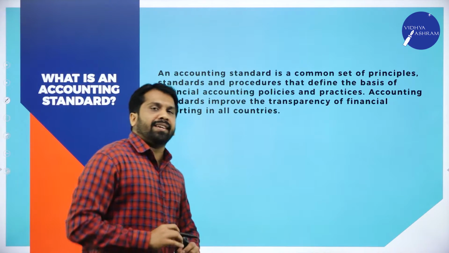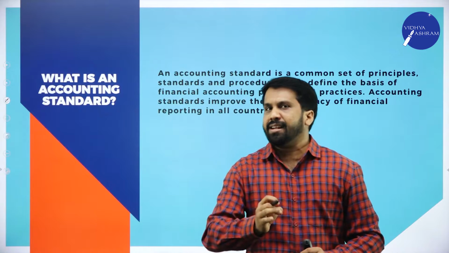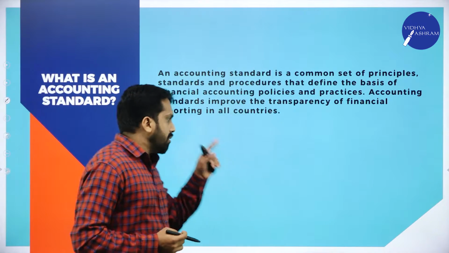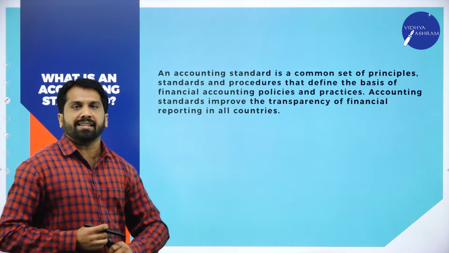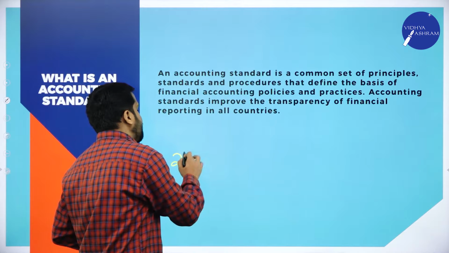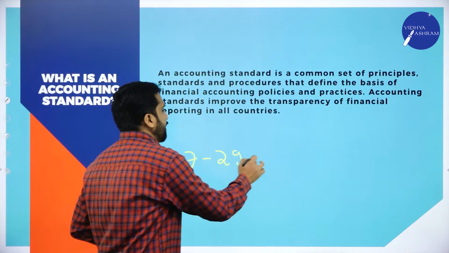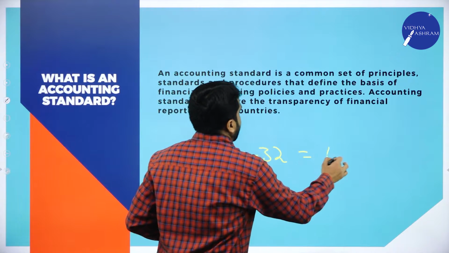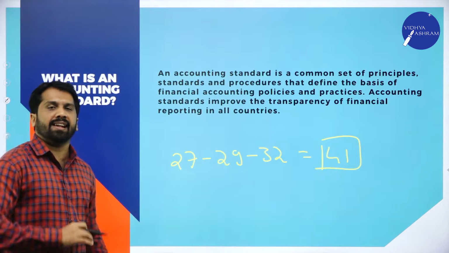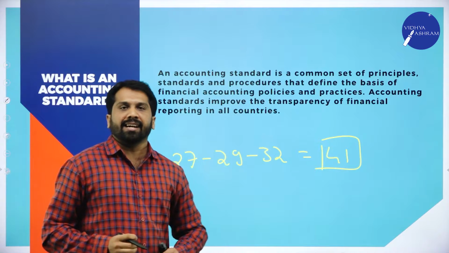Now, all Indian companies, whoever makes a transaction, should follow these Indian Accounting Standards. Earlier it was 27, then 29, then 32. Right now, there are 41 Indian Accounting Standards.